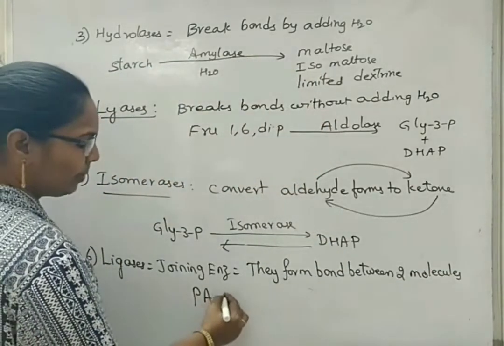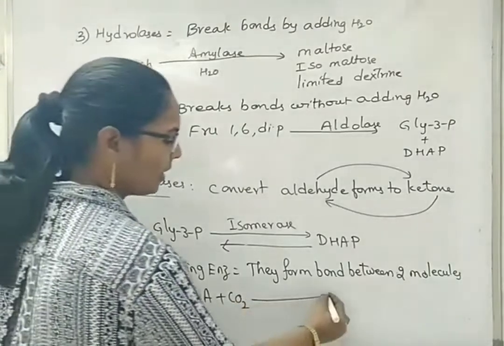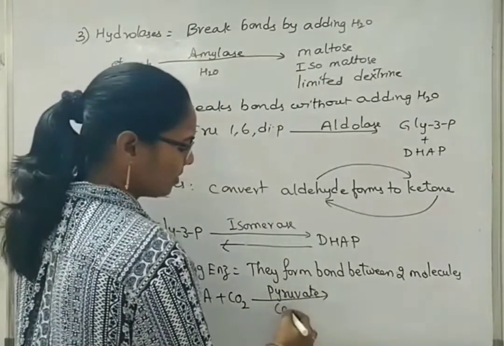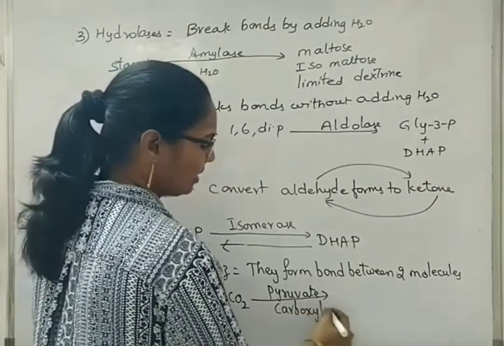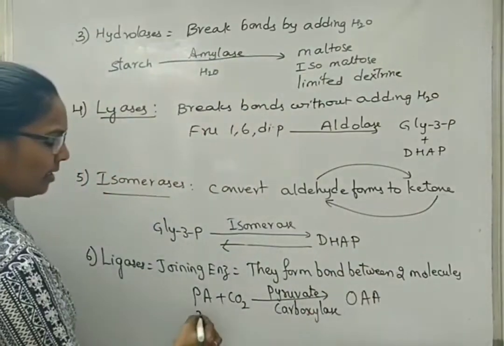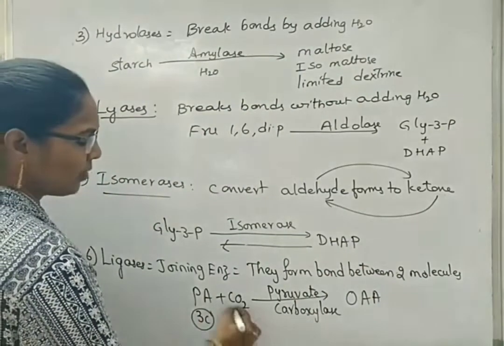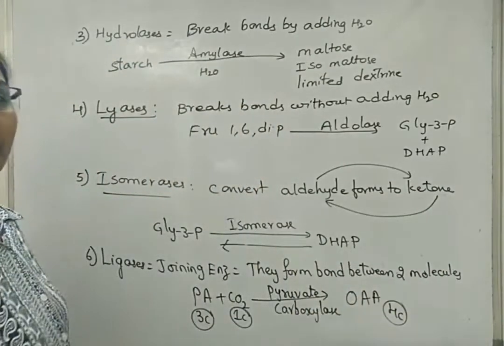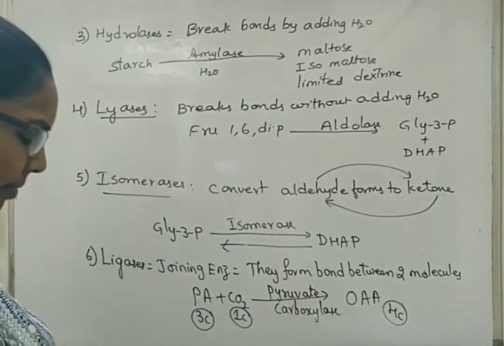So here we can take pyruvic acid plus carbon dioxide. In the presence of the enzyme pyruvate carboxylase, they get converted into oxaloacetic acid. This is a 3 carbon compound, this is a 1 carbon compound, getting converted to a 4 carbon compound, that is oxaloacetic acid.